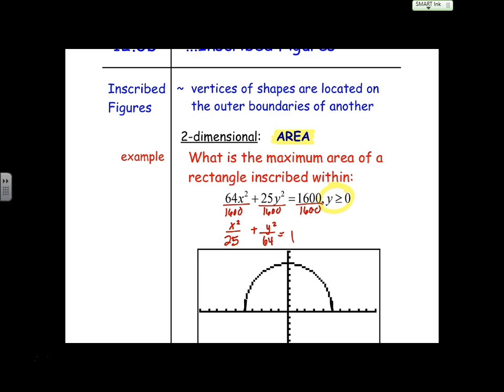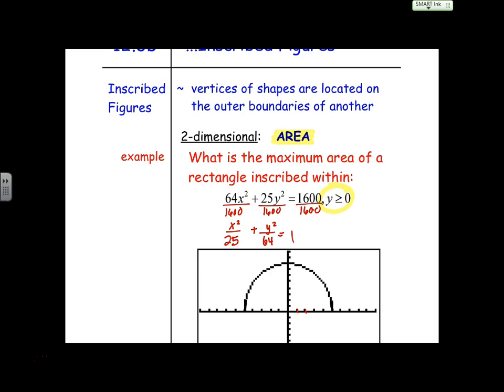With pixels, it can only keep extending so far until the pixel would make it go over the boundary, and so it just stops and cuts off. Some of the newer ones with like the light up and the color screen might graph it a little bit nicer. But if you were to graph this in your calculator, y is only the top of the ellipse graph here.